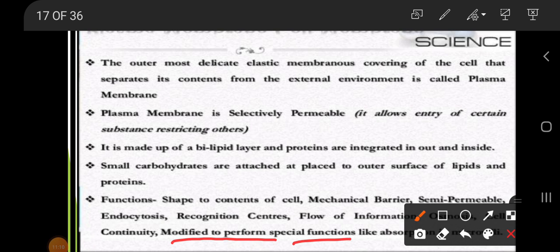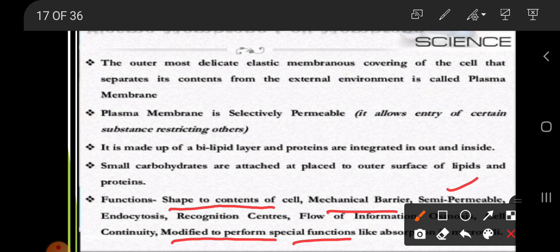The first function to keep in mind is that it shapes the contents of the cell. If the cell has any kind of shape, it is because of the plasma membrane. It also acts as a mechanical barrier. Mechanical barrier means if the cell suffers any kind of cut or injury, it acts as a mechanical barrier.